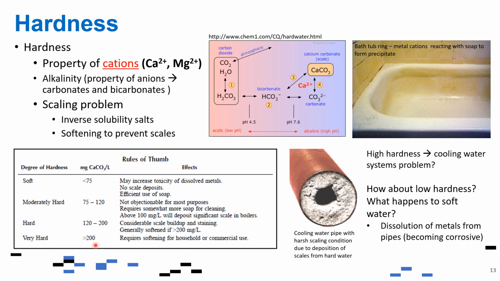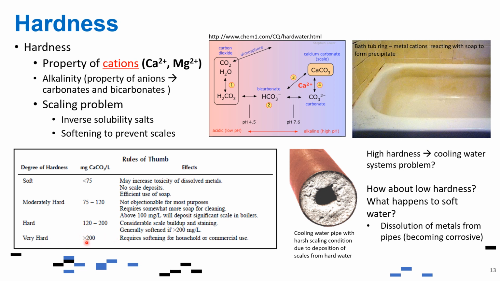Some of the conventions: soft water is less than 75 milligrams calcium carbonate per liter. This is the unit, based on calcium carbonate, for hardness. If you also calculate alkalinity, the unit is also milligrams calcium carbonate per liter. Hard water is more than 120 milligrams per liter, and very hard is around 200.